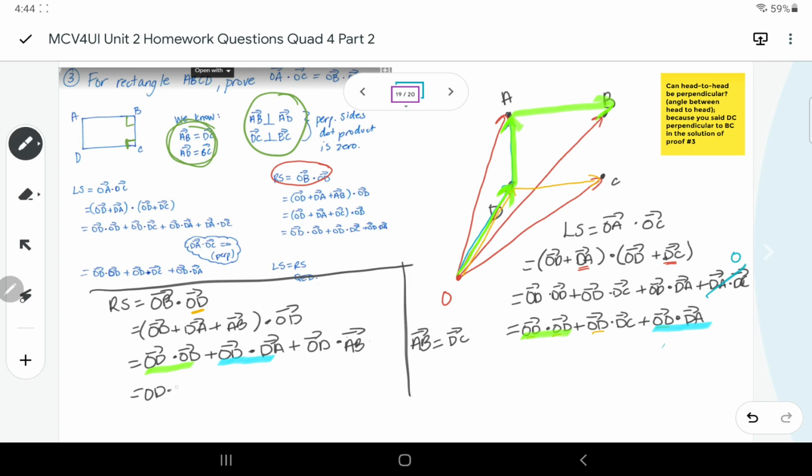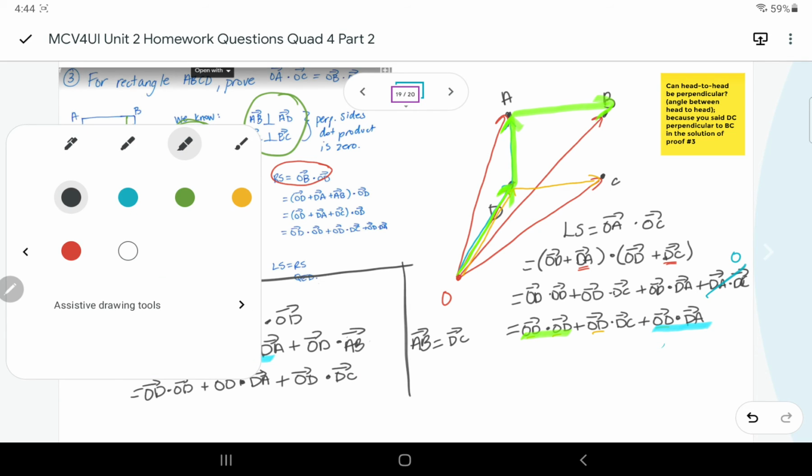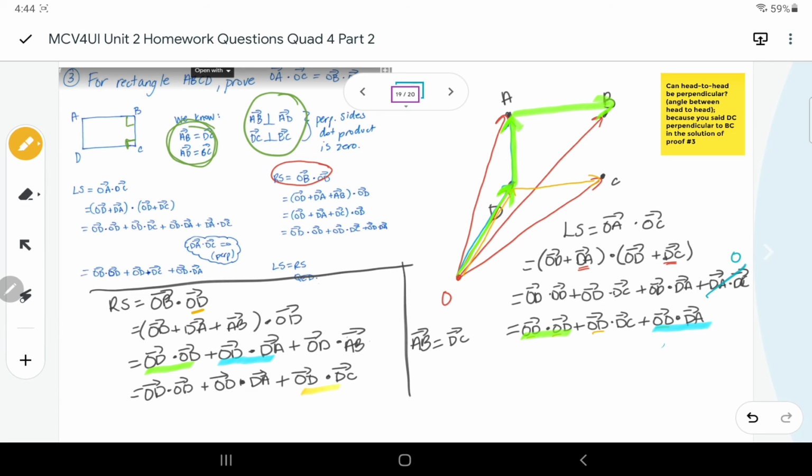So OD dot OD plus OD dot DA plus OD dot DC, because I know that those are equal. And now I have that third dot product that's equal on both sides. So I've got my left side equal to my right side.